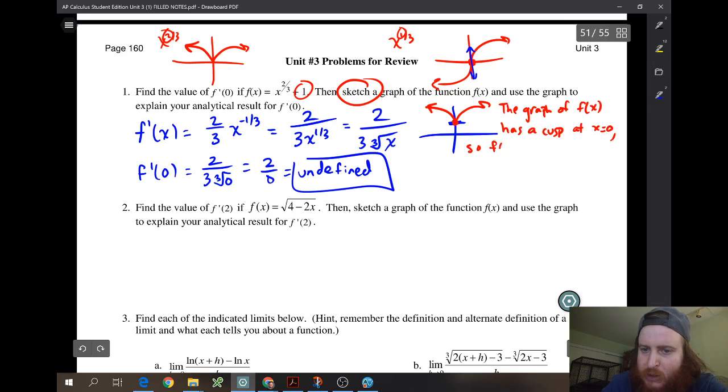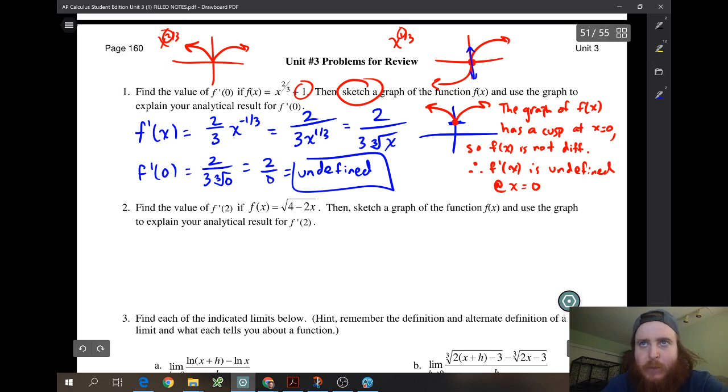So f of x is not differentiable. Therefore, f prime of x is undefined at x equals 0. We just need the what and the where.